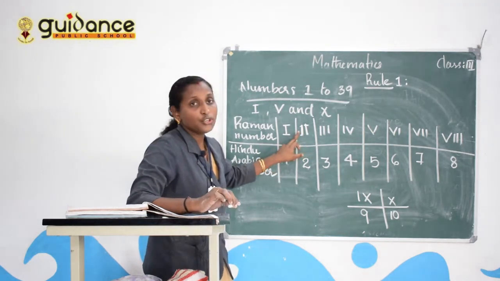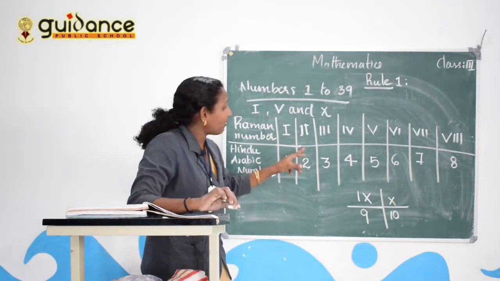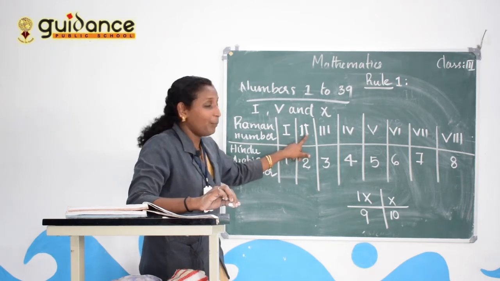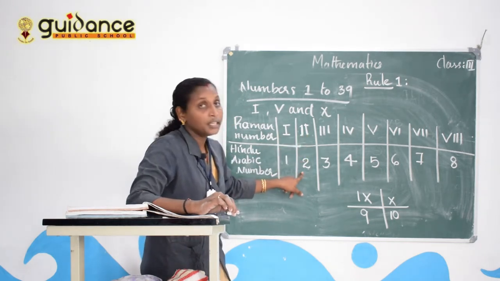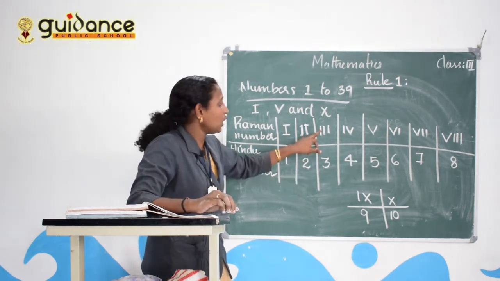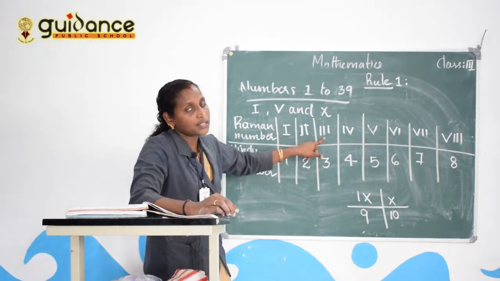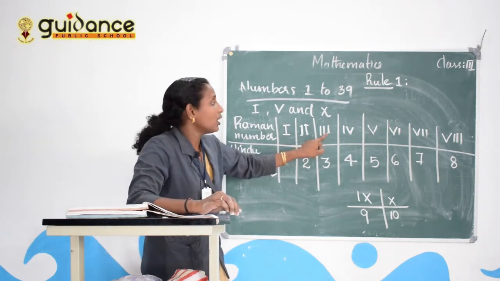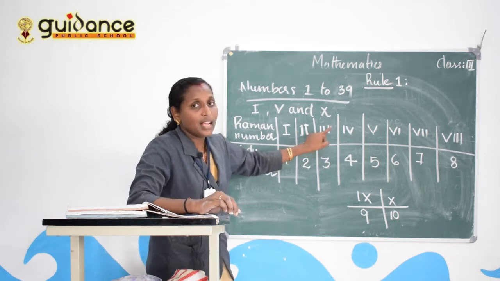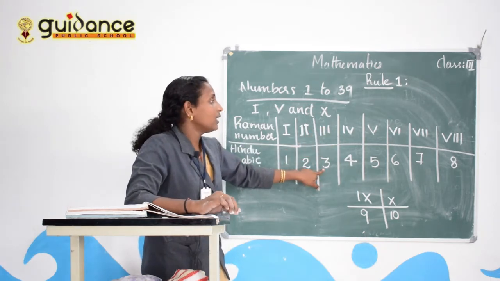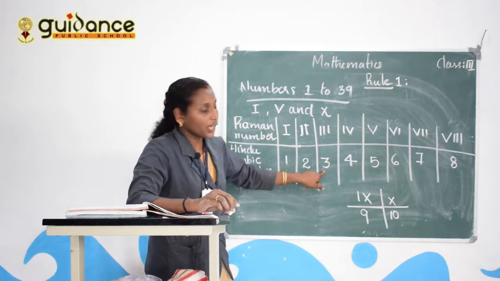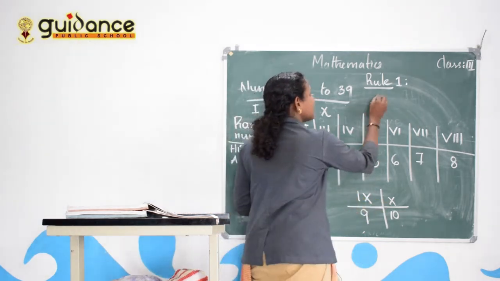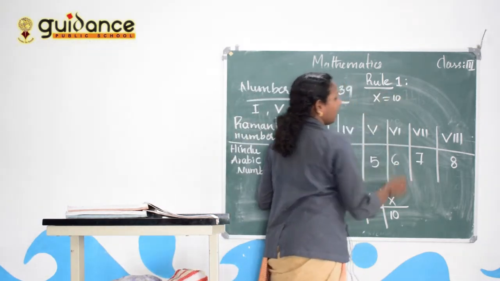It has 2 I's, that means the value is 1 plus 1, that is 2. Then next, I is 3 times, that means the value is 1 plus 1 plus 1, that is 3.